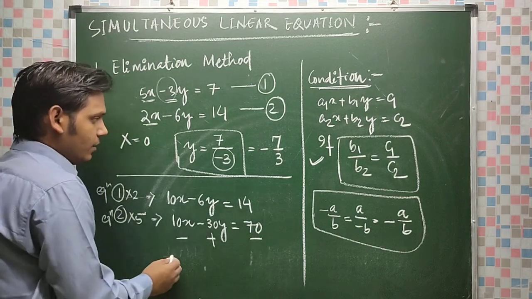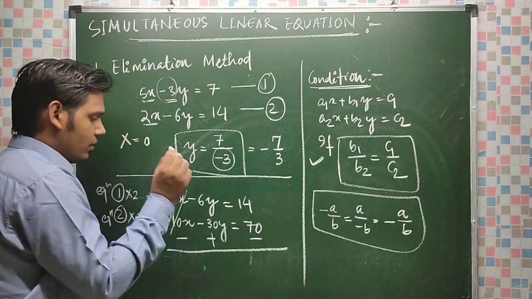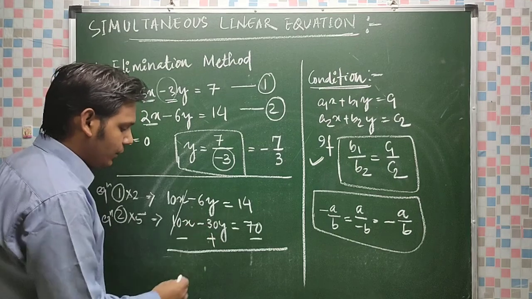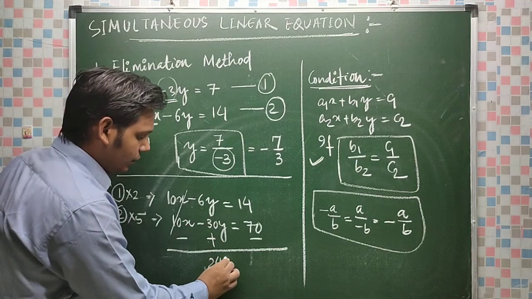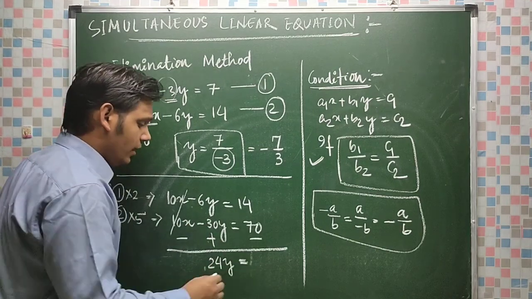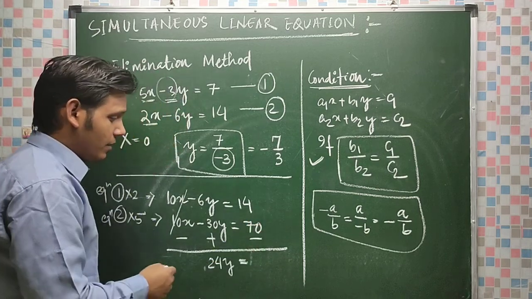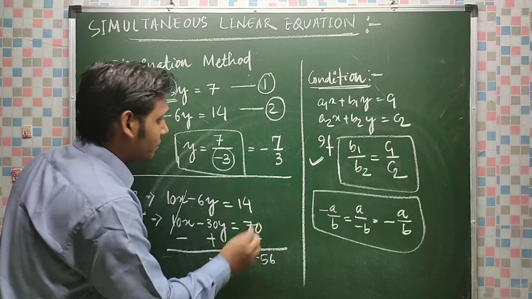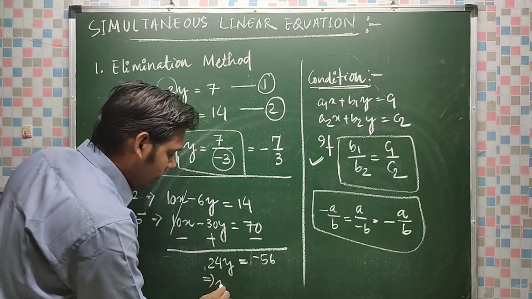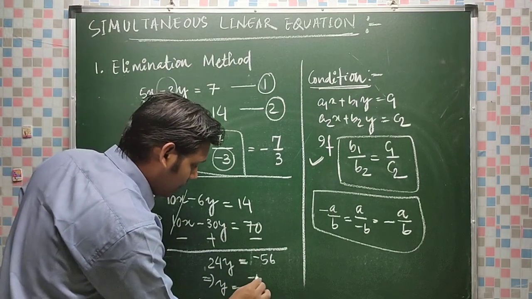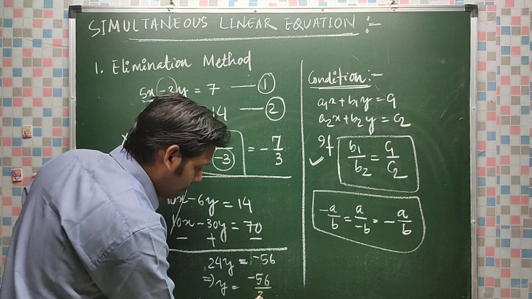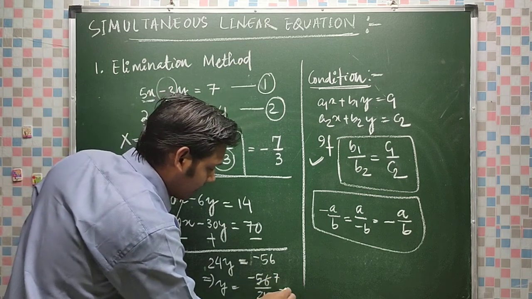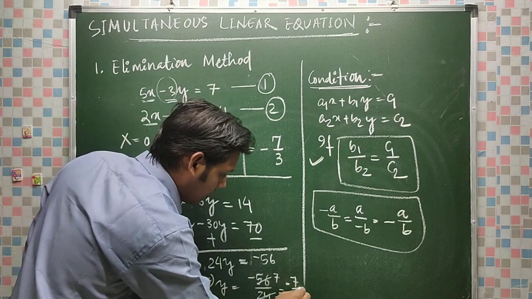Now 10x minus 10x cancels, minus 6y plus 30y is 24y, and 14 minus 70 is minus 56. So now y is equal to minus 56 by 24. 8 3s are 24, 8 7s are 56, so minus 7 by 3 is coming.